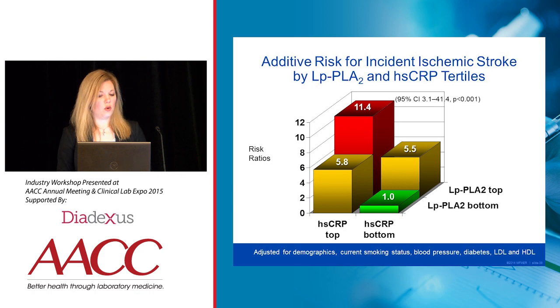And here's what was alluded to earlier: it is predictive for stroke. Some studies actually show that it could even be the stroke that's most driving that risk prediction. But as you can see here, it's independently associated and additive to the risk prediction that we get from high-sensitivity CRP.